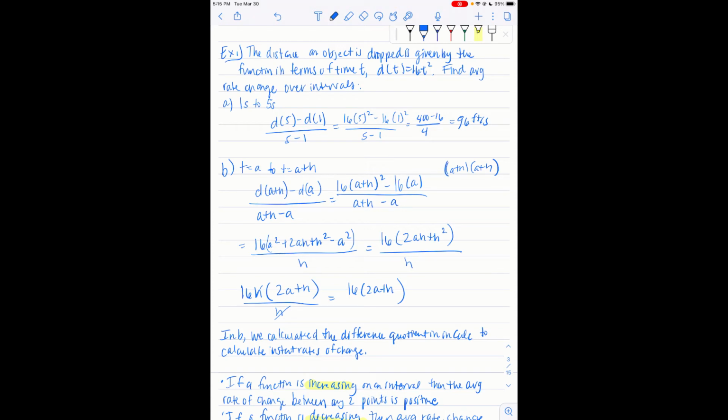So I'm going to multiply out a plus h, make that nicer. So (a plus h) squared equals (a plus h) times (a plus h). If I multiply that out, that's going to be a squared plus ah plus ah plus h squared, so a squared plus 2ah plus h squared, minus a squared.